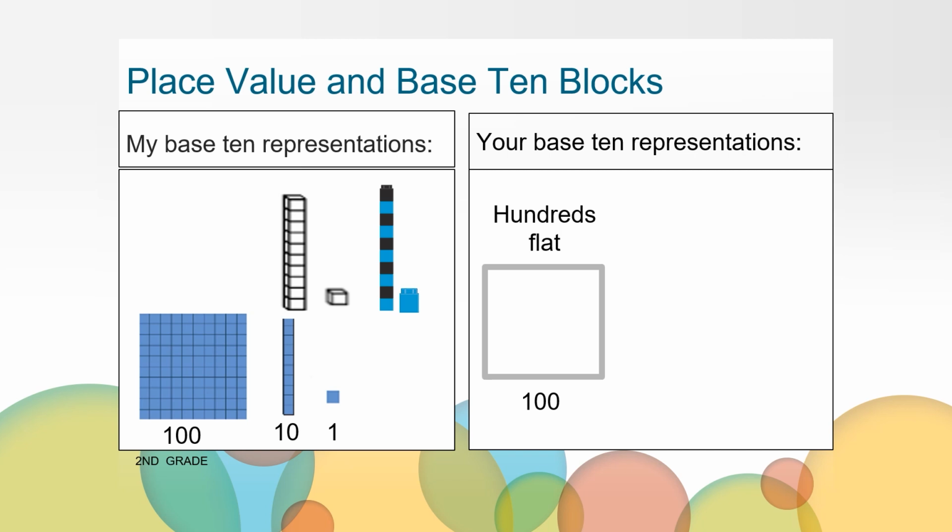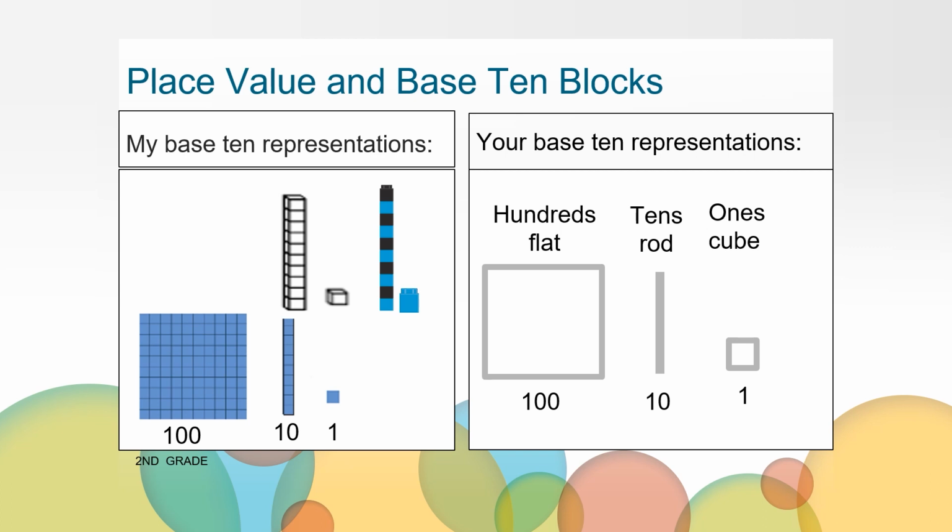A hundreds flat might just look like a big square, and you might choose to label 100 either on it or underneath it. You can show a tens rod with a straight line and label it with the number 10. And a 1 square is just one small square that you will use to show 1.